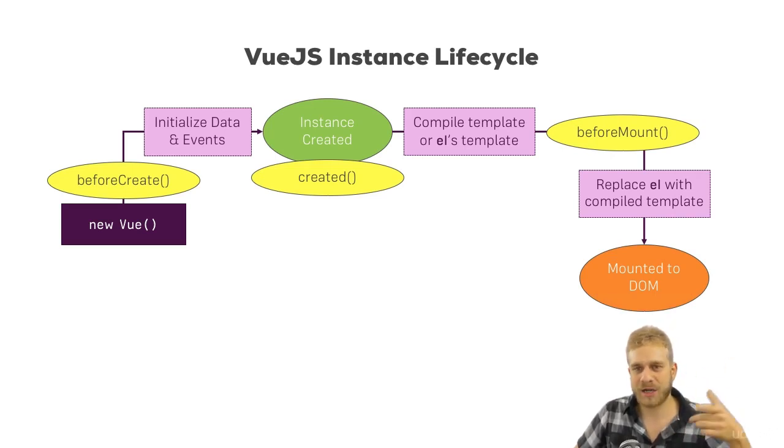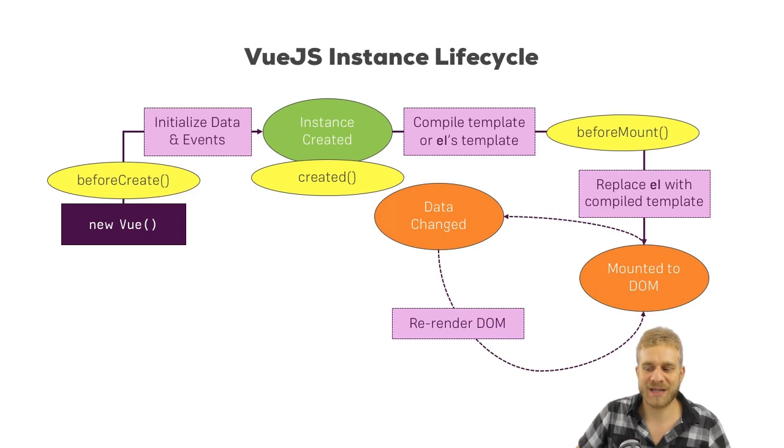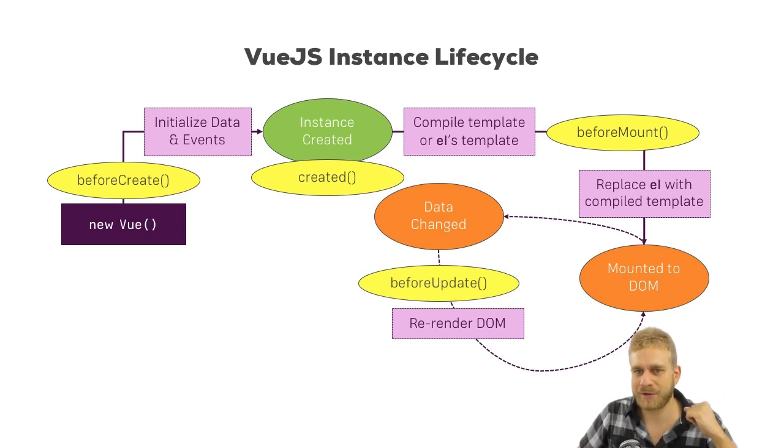We got an ongoing lifecycle, which we can tap into multiple times, which is if some data changes and the DOM is re-rendered. Here we get the beforeUpdate lifecycle hook right before we re-render the DOM. So after we saw that the data changed, but before the DOM is re-rendered, or the part of the DOM I should say.